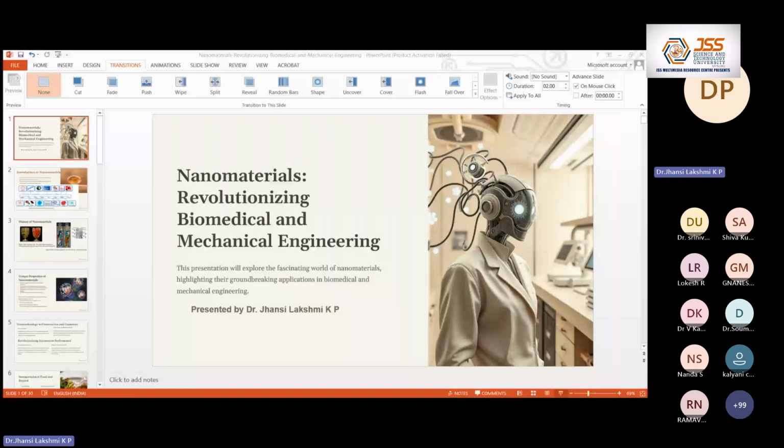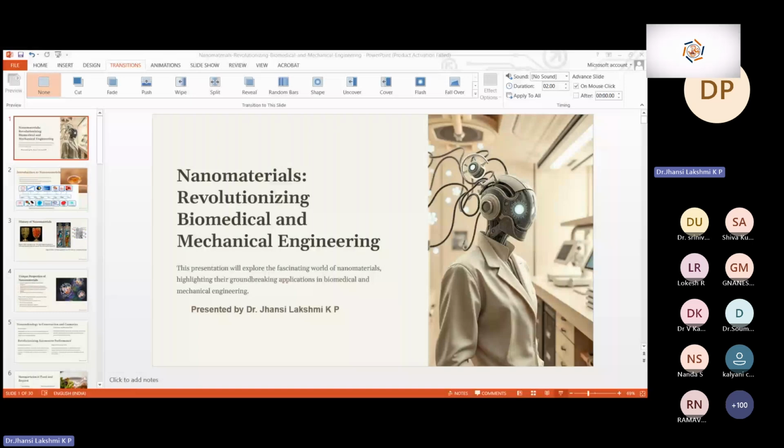To give a little brief idea about the size, the very thin hair of any healthy person will be 60 micrometers, whereas the nanomaterials will be 1 to 100 nanometers. The nanoparticles are of such a small size.